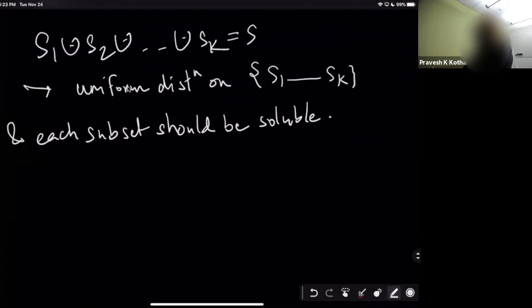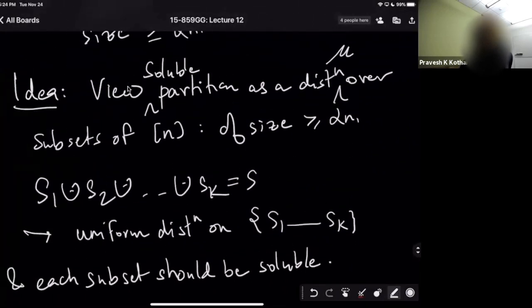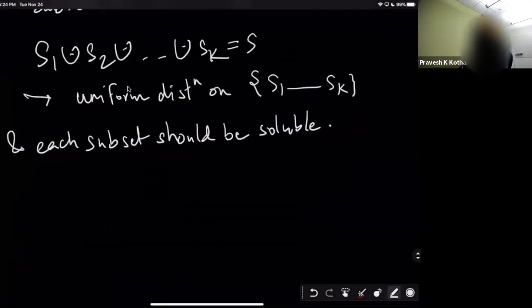Now mu is this distribution. The largeness property is kind of satisfied by just baking it in, right? Because we made the support of this distribution be on sets of size at least alpha n. The largeness property is trivially satisfied.